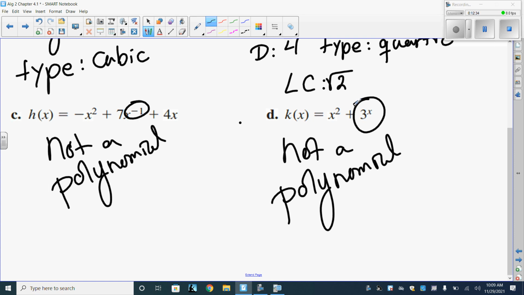Variables multiplied together. Variables not in the bottom of a fraction. And really, this here, having a variable as an exponent doesn't work either. Because this actually would be considered an exponential function. It increases faster and faster as it goes up. Any questions on any of these here?